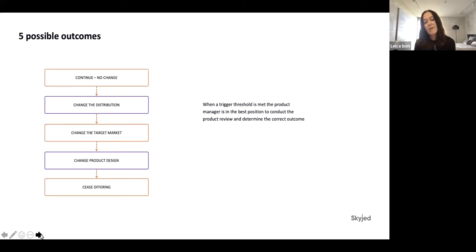These are standard things as a product leader you'd be thinking about if you've got challenges in your distribution channels and with your customers. So we need to keep in mind that at the end of this process with our monitoring and our triggers, we need the data to be able to effectively make one of these 5 decisions. So 5 choices as a product leader.